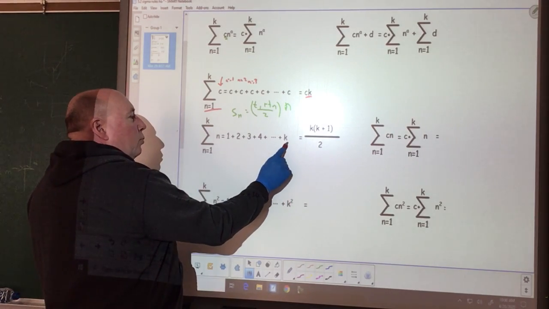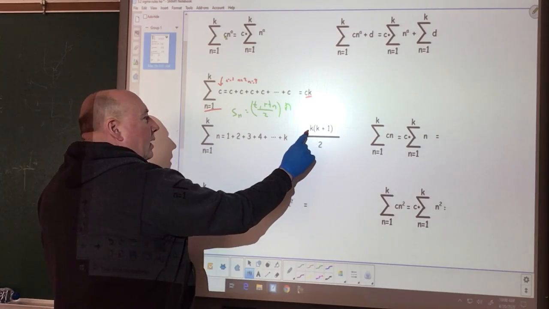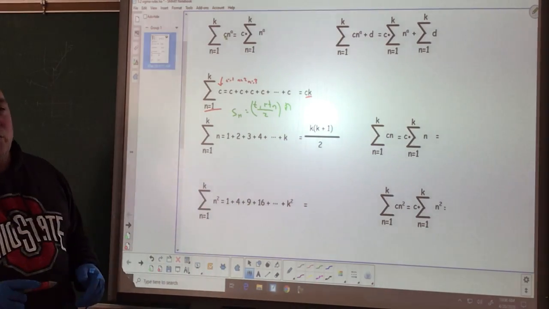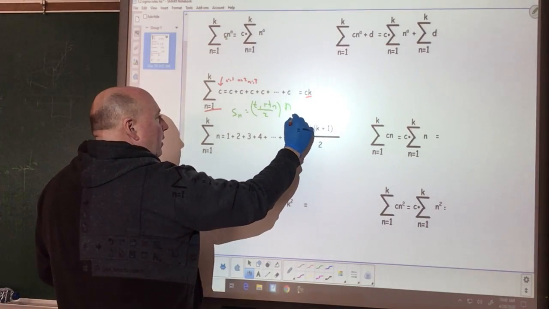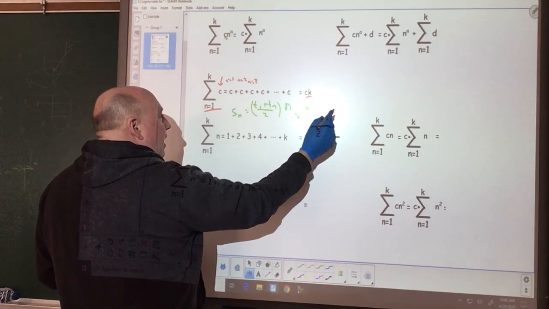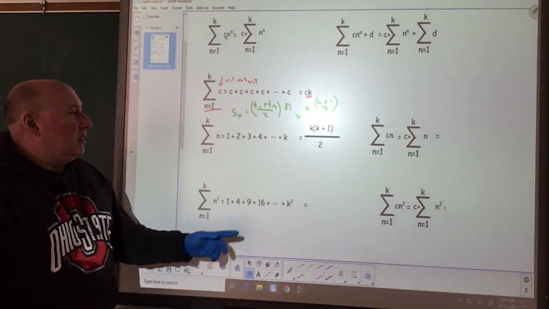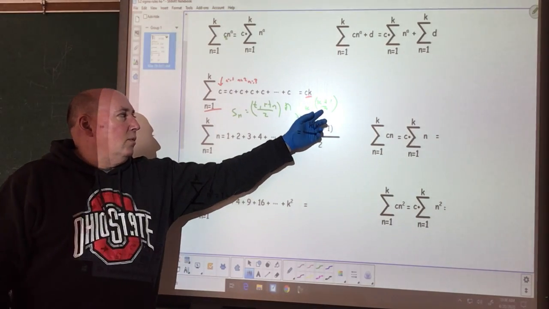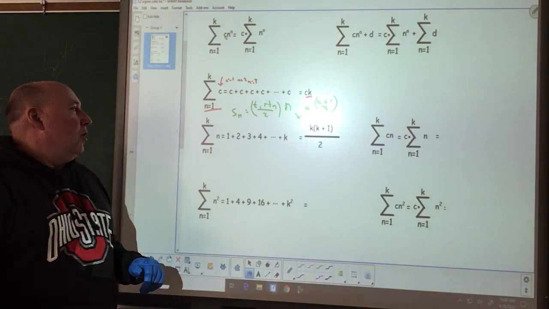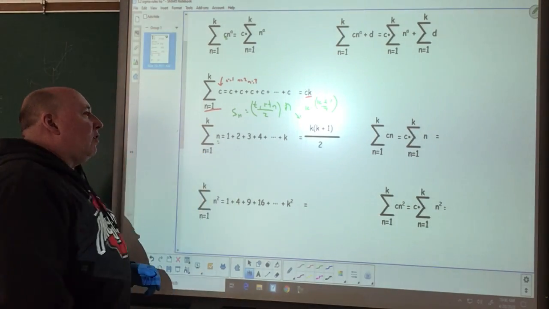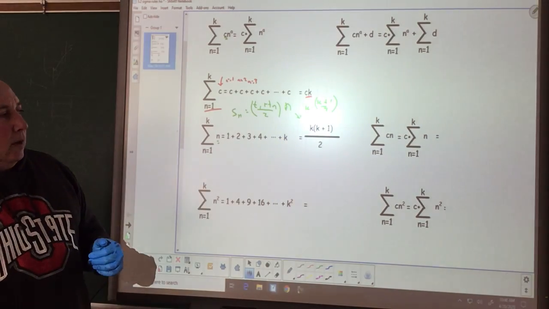So my first term is 1, my last term is k, and I divide that by 2, and then multiply it by my total number of terms, which is k. So really this transfers into k times k plus 1 over 2. This is the average of my first and last term times my total number of terms. Or if I just have some value of n, I have k times k plus 1 over 2.